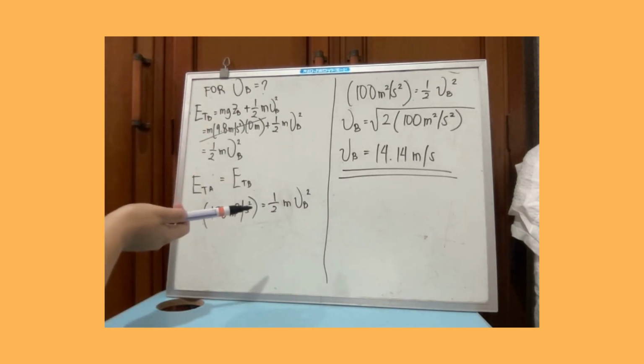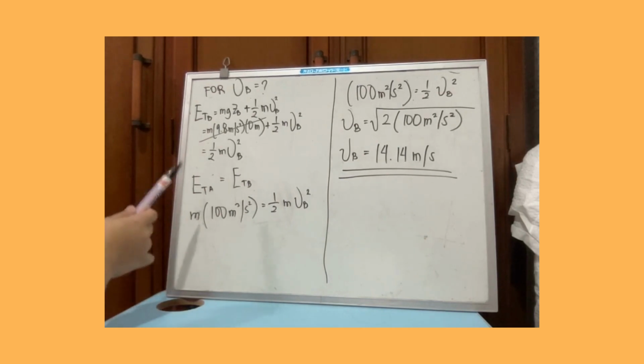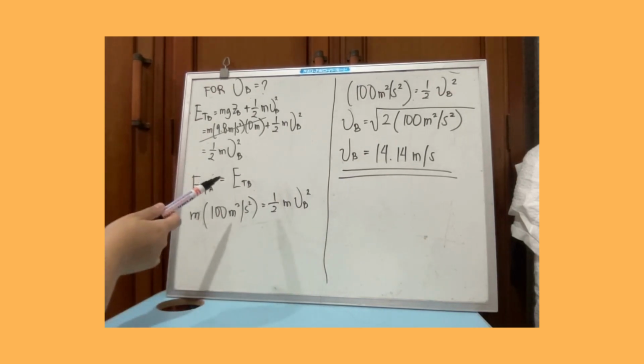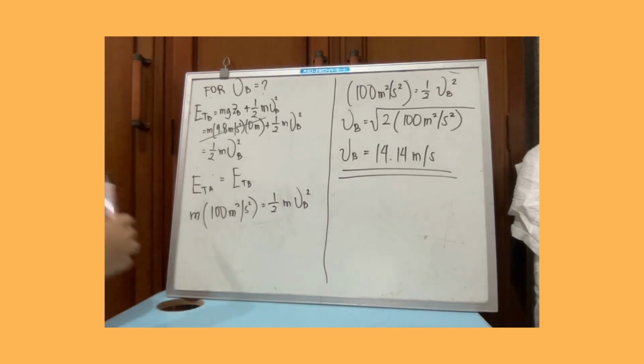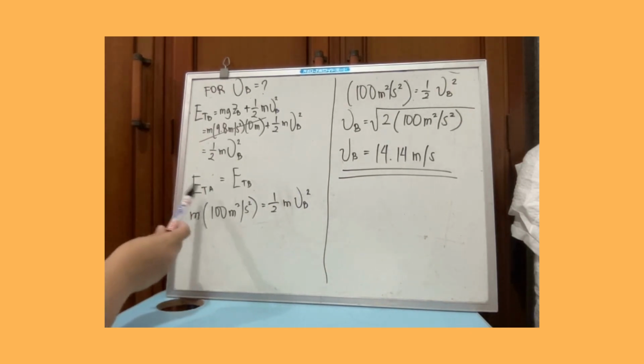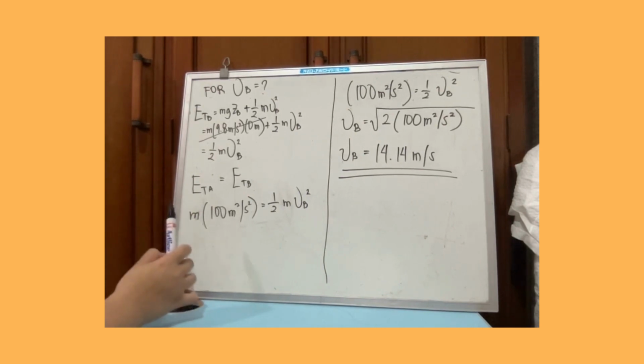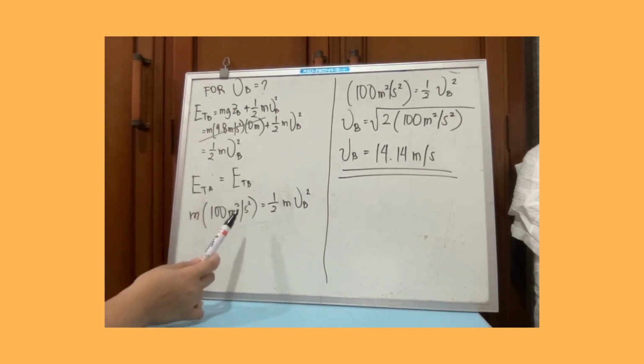Sa conservation of energy, total energy sub A is equal to total energy sub B. I-substitute lang natin yung mga value. So, sa total energy sub A, meron tayong mass times 100 meters squared per second squared.